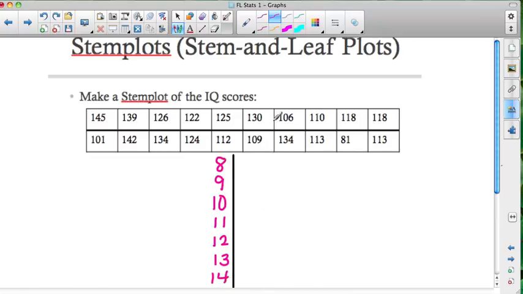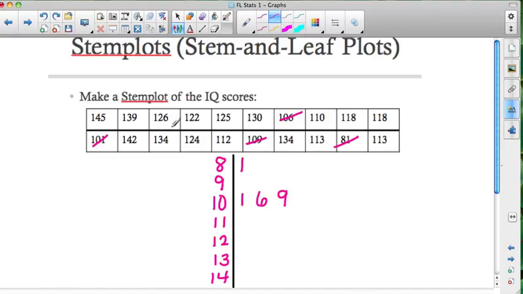And the only leaf associated with a stem of 8 is that 1. In the 90s I don't have anybody. For the 100s I have 101, 106, and 109. So I'm going to write a 1, a 6, and a 9.